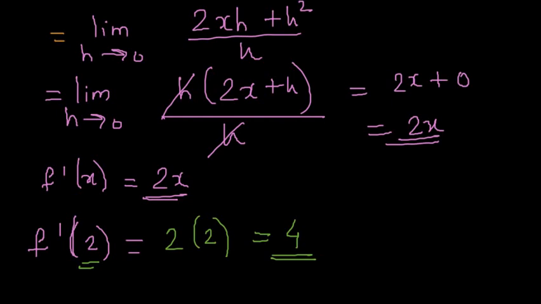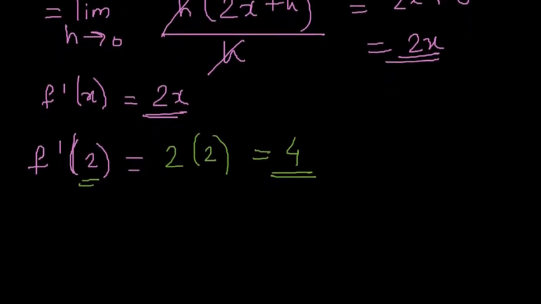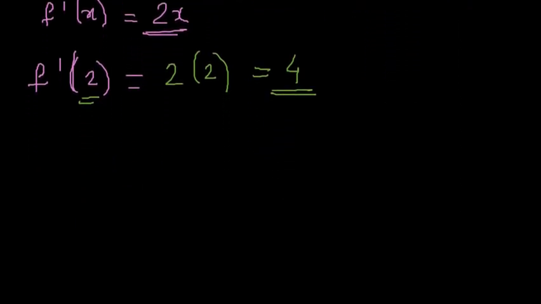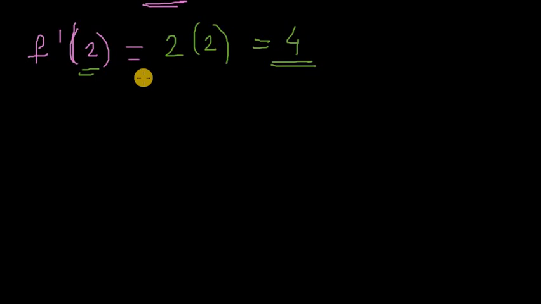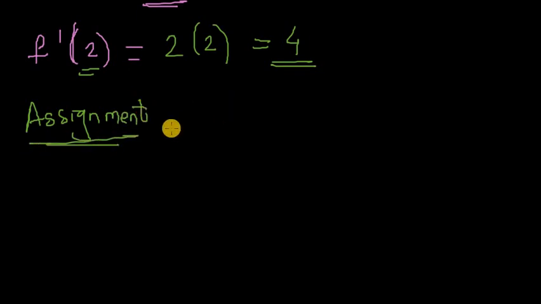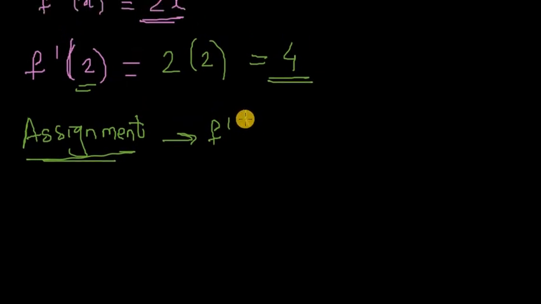Okay, now some questions for solving on your own. You can practice it. Okay, assignment questions. What are you going to do? You are going to find f dash of x using first principle.